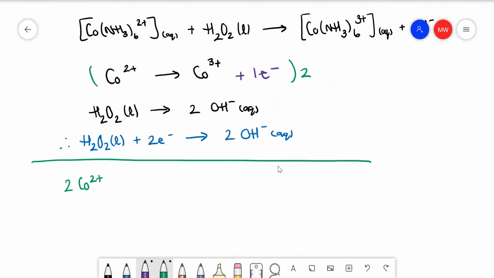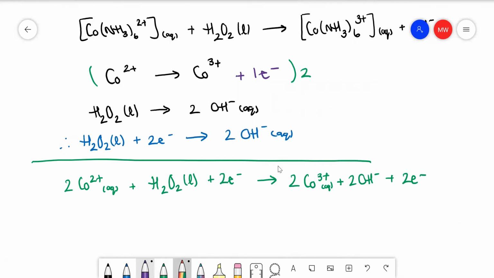So I now have 2 cobalt 2+, hydrogen peroxide plus 2 electrons gives me 2 cobalt 3+, 2 hydroxides plus 2 electrons. I cancel my electrons out.